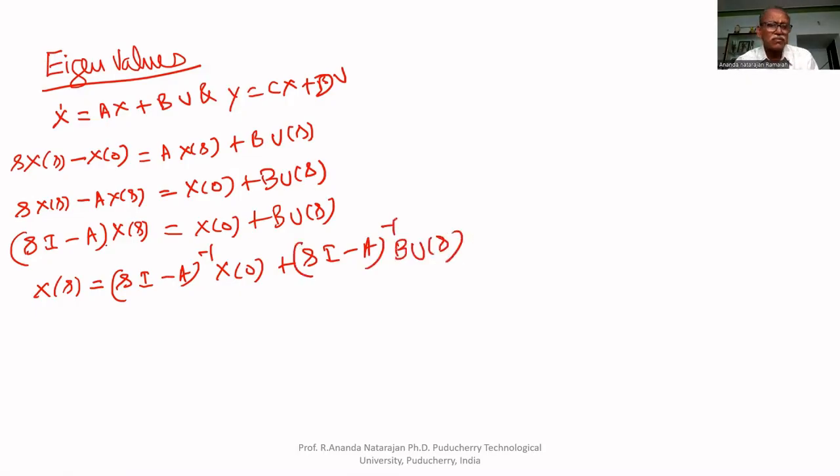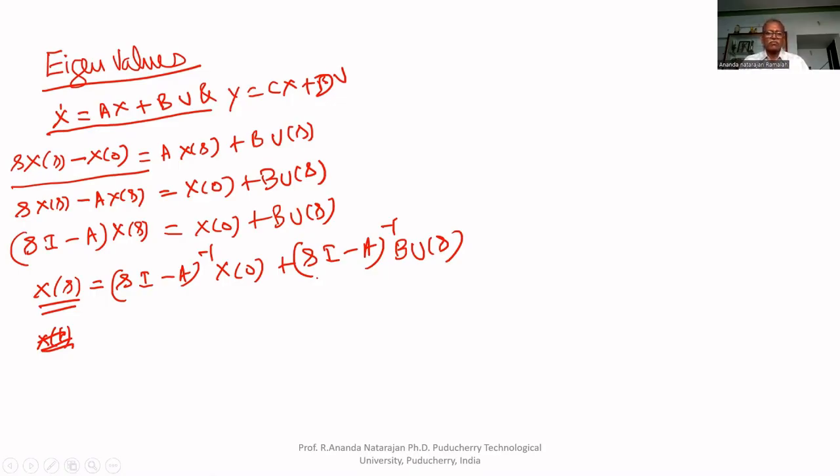It means what? This is a differential equation, x dot. We took Laplace transform. Finally, we find x. If we take inverse Laplace, you will get x of t. So we can solve the differential equation by multiplying on both sides by (SI minus A) inverse. If you find (SI minus A) inverse, we can find the solution.